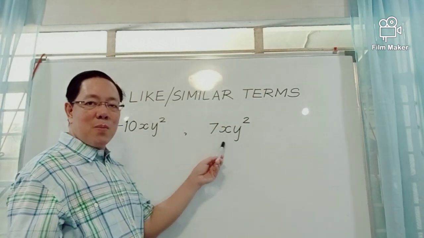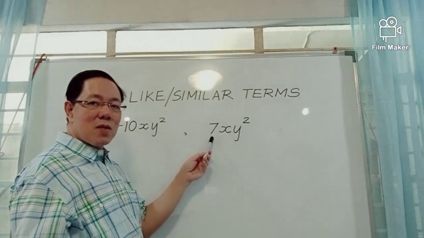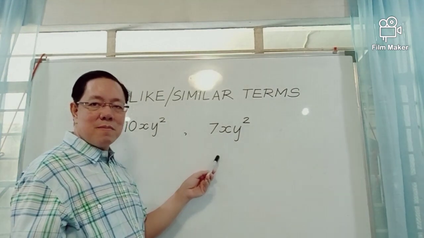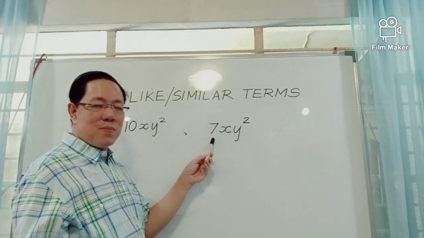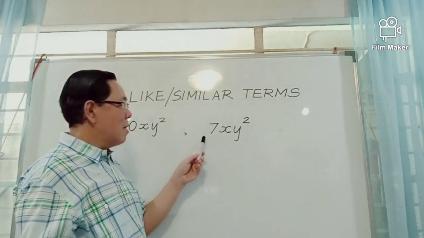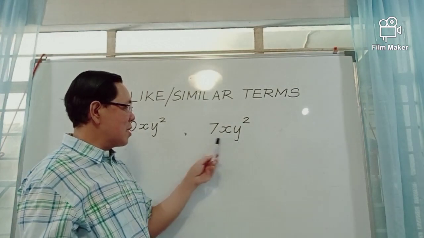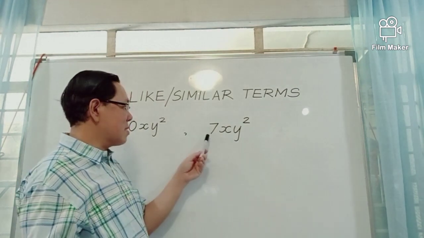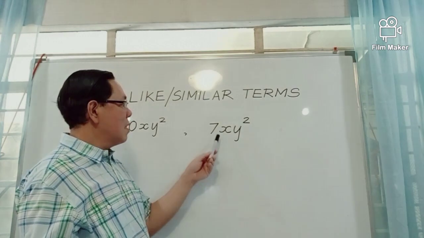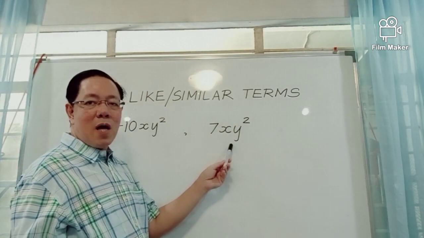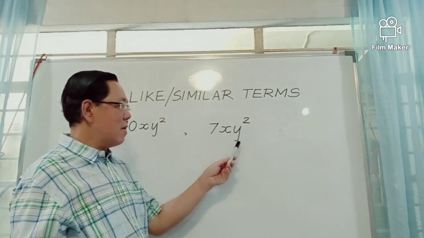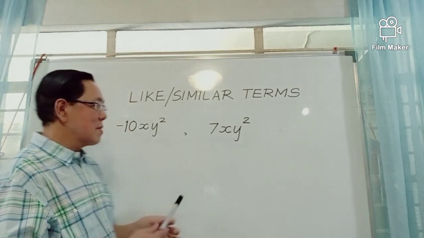For this other monomial, the numerical coefficient is 7, and 7 is understood to be positive without the plus sign. So the numerical coefficient of this monomial is 7. X and y squared together is known as the literal coefficient of this monomial.